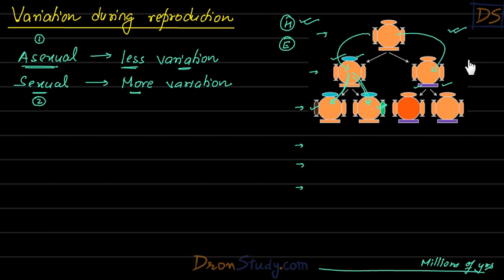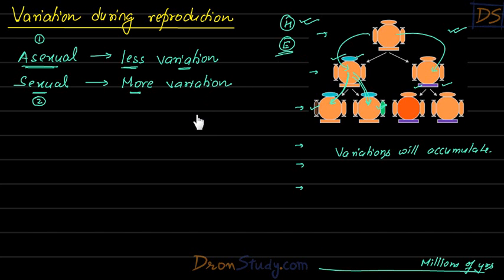Because in every generation some variation is coming. So all those variations will accumulate. Right students? So this generation later on will be very different from the initial generation, and this process is called evolution.